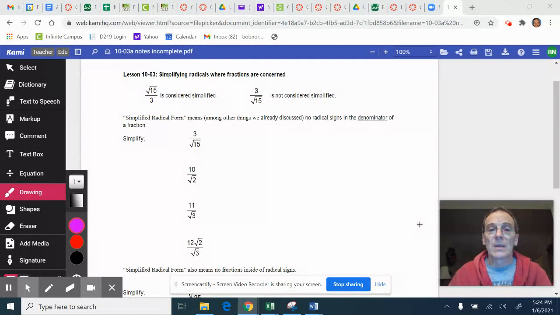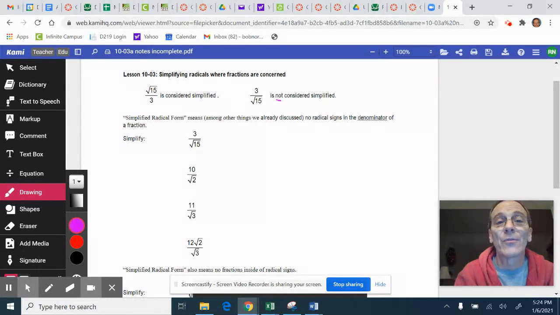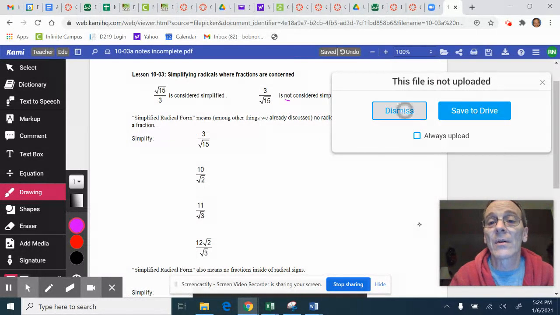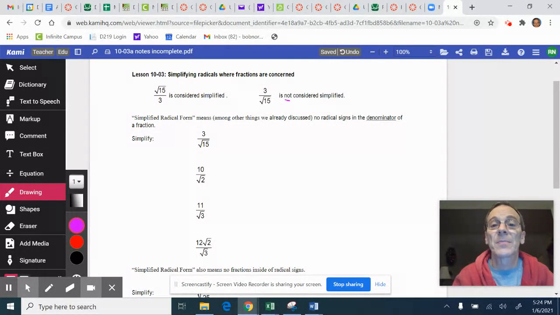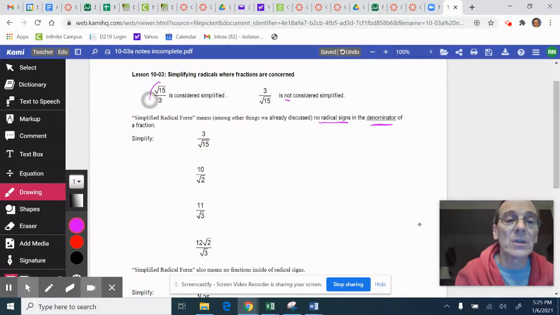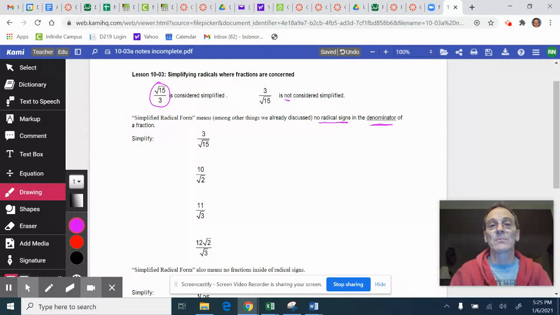And the reason it's considered not simplified is because simplified radical form means, among the things that we learned in the previous lesson, that we don't ever leave a radical sign in the denominator of a fraction. A radical sign in the numerator of a fraction, like this first expression here, is acceptable.